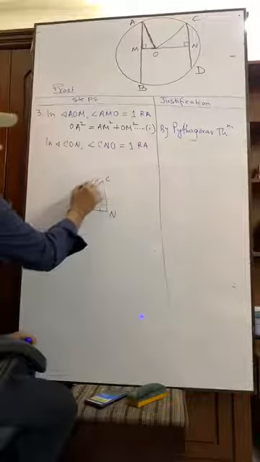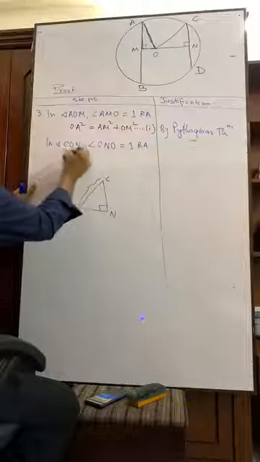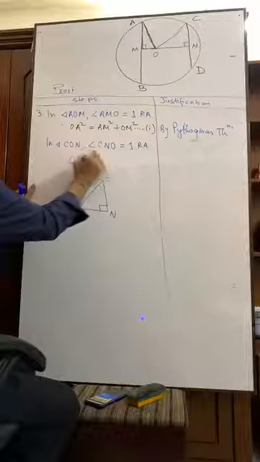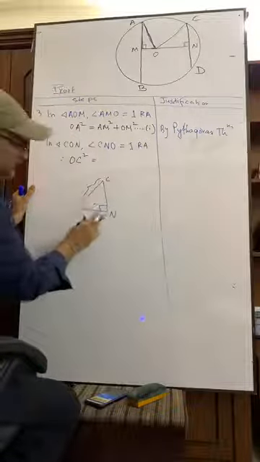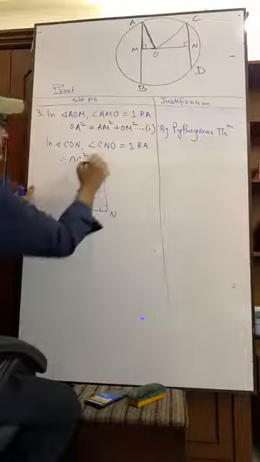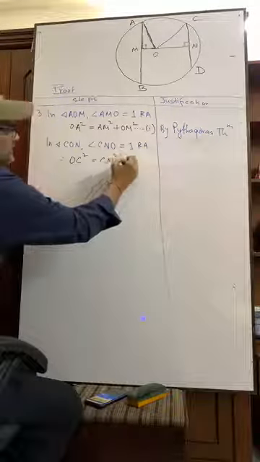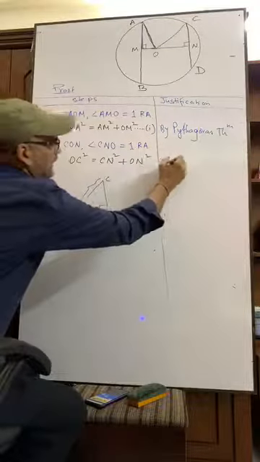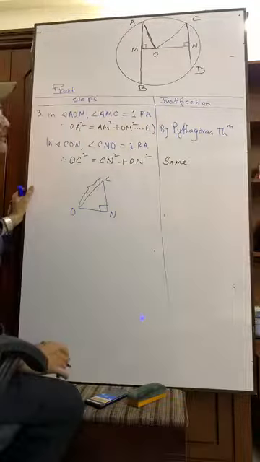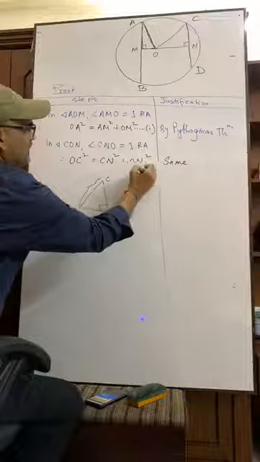This is the hypotenuse. So we can write here OC square is equal to the sum of the squares of the other two sides, that means CN square plus ON square, by applying the theorem of Pythagoras. And this is equation 2.